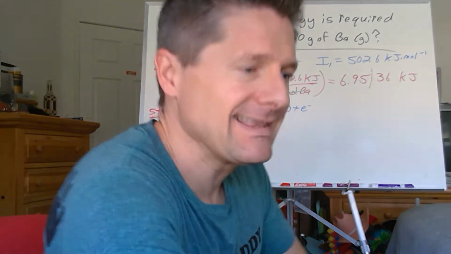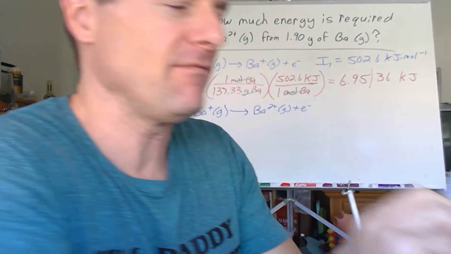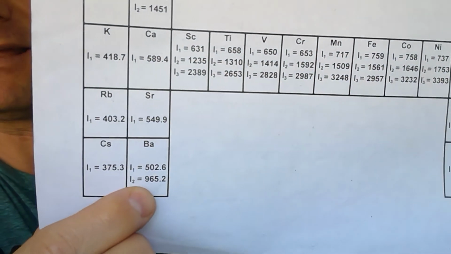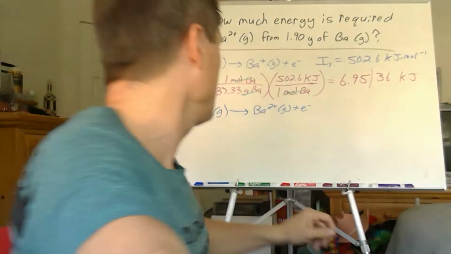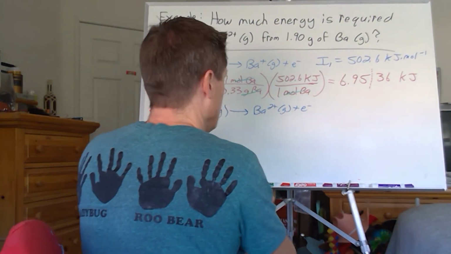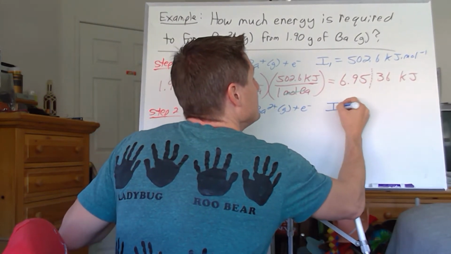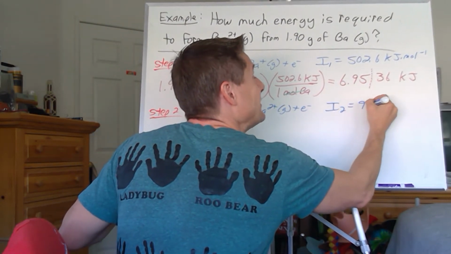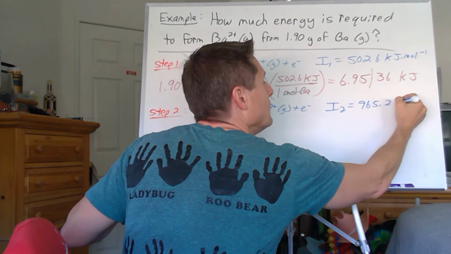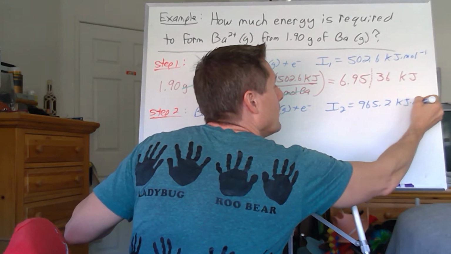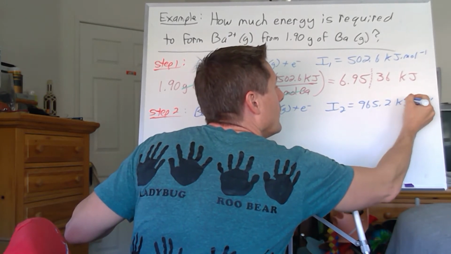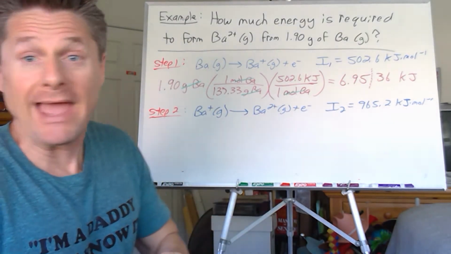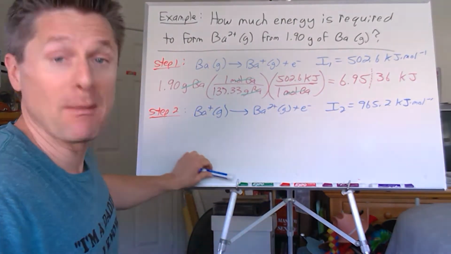What was that second ionization energy? 965.2. Is that it right there? 965.2 kilojoules per mole. So I2 is 965.2 kilojoules per mole. I will provide you those values; you don't have to memorize them.